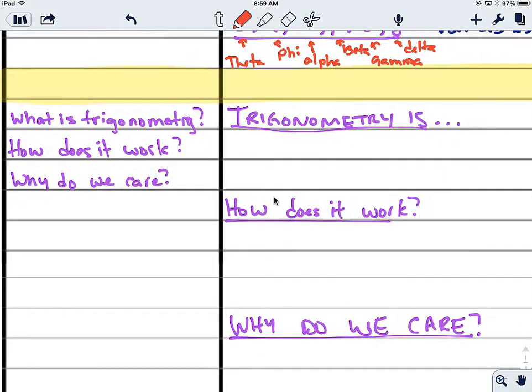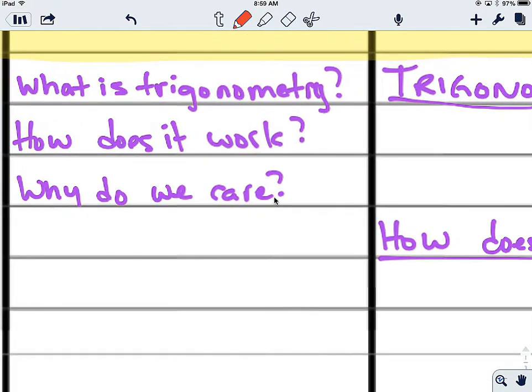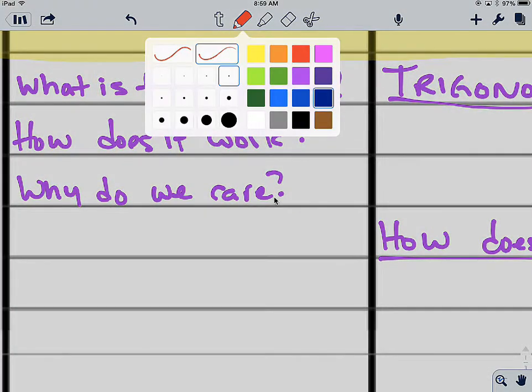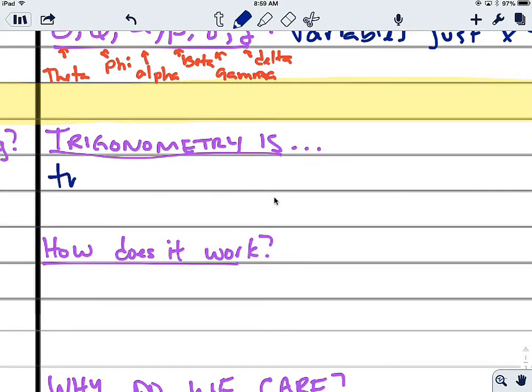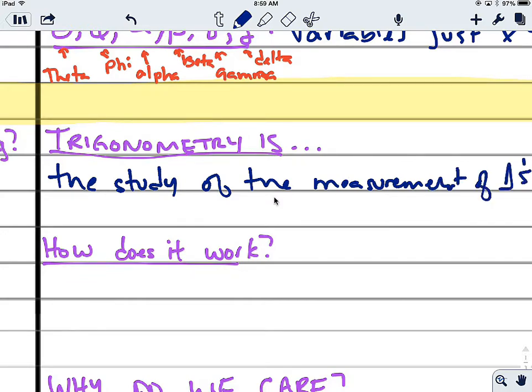Okay, so let's get down to it. So what is trigonometry? How does it work? Why do we care? Well, these are pretty simple questions. So trigonometry is the study of the measurement of triangles, which is a really, really fancy way of saying it's a technique used to solve triangles.